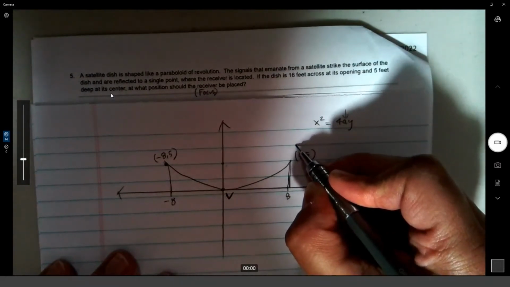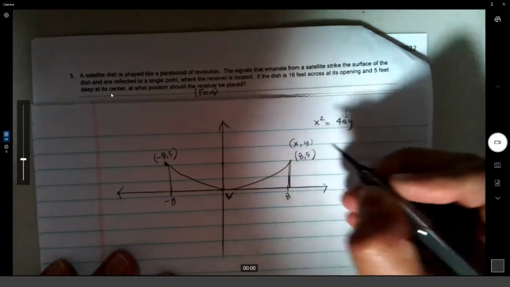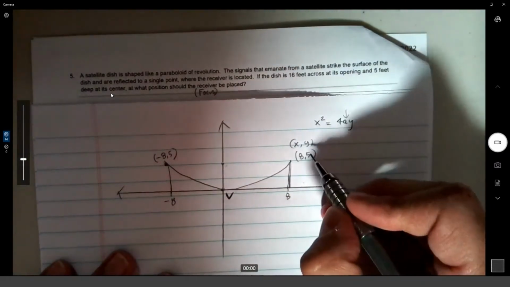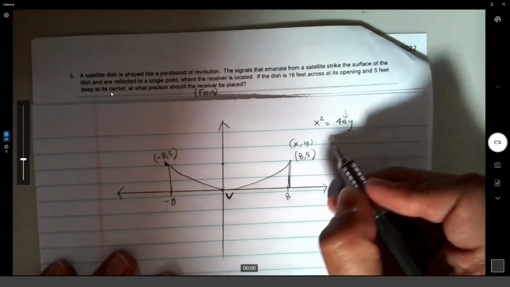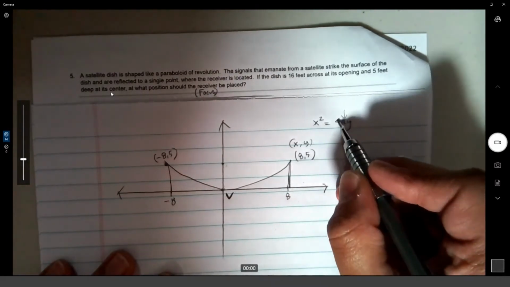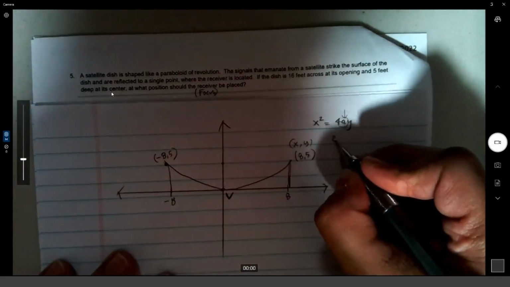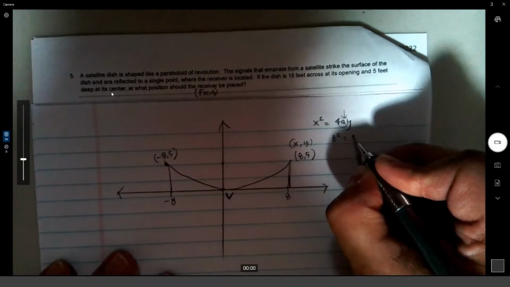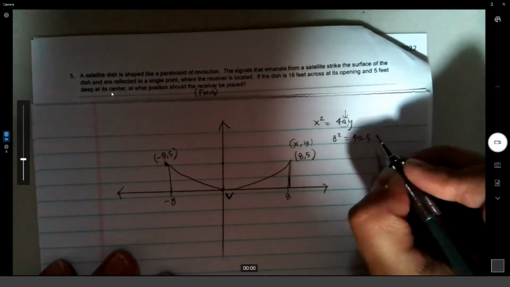Let's see. This point is of the form x comma y. So we can plug in the value of x, we can plug in the value of y, and solve for a. Let's do that. 8 squared is equal to 4a times 5.